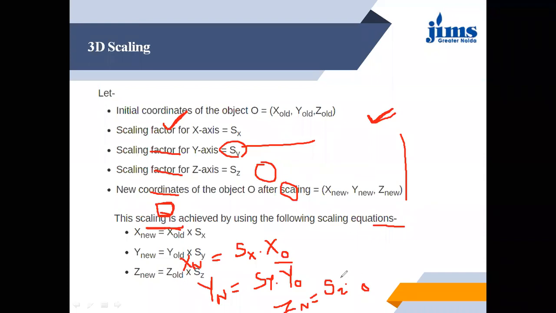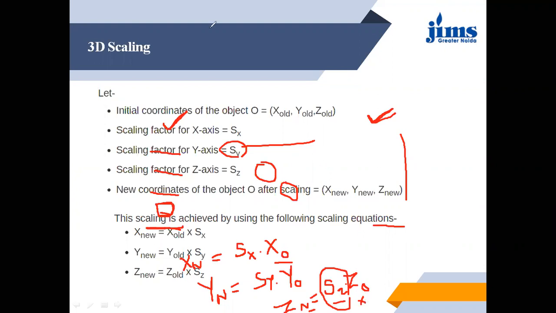Value of z coordinate, value of old z coordinate. So this is z new equals sz, the scaling factor on the z axis, multiplied by the old value of the z coordinate.